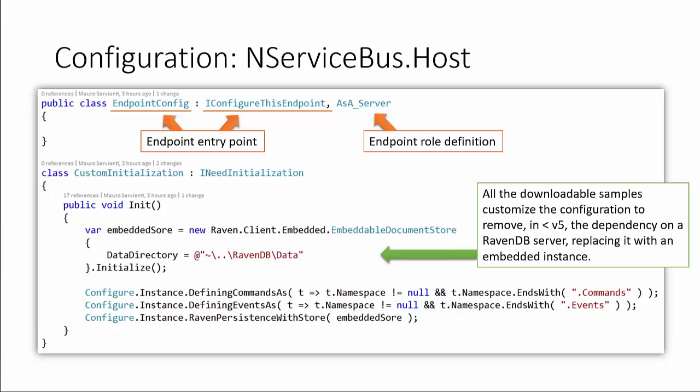I'm just replacing the default RavenDB server using an EmbeddableDocumentStore, an embedded version of RavenDB, and I'm using Configure.Instance.RavenPersistenceWithStore, passing in the new instance of the RavenDB document store. As we said, in V5 we removed the dependency on RavenDB, and we'll see how to use the new RavenDB dependency in a minute.